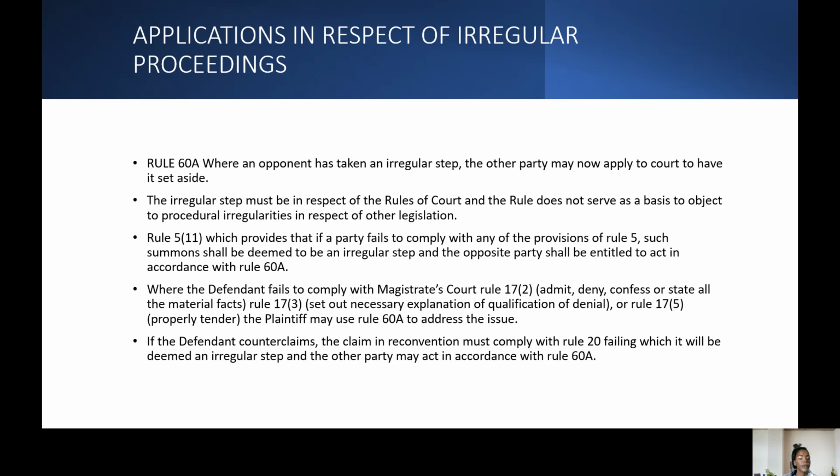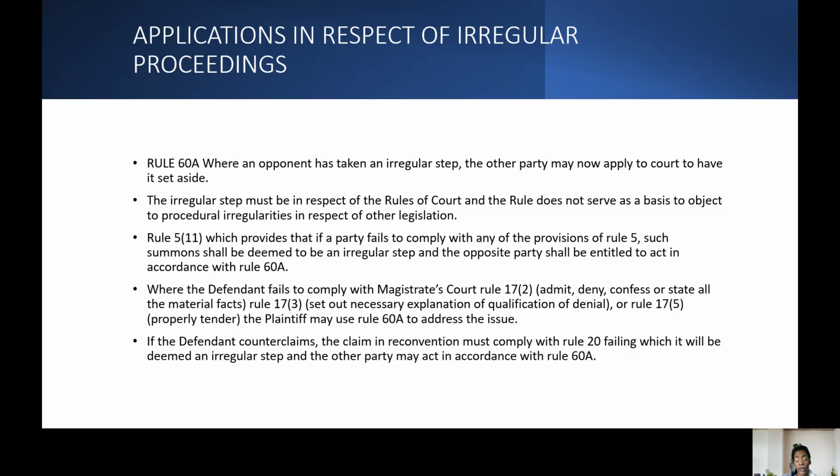Rule 5, subsection 11, provides that if a party fails to comply with any provisions of Rule 5, such summons shall be deemed to be an irregular step, and the opposite party shall be entitled to act in accordance with Rule 60A.